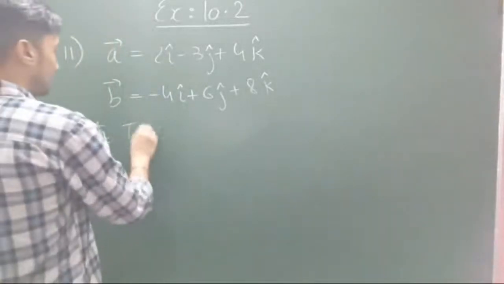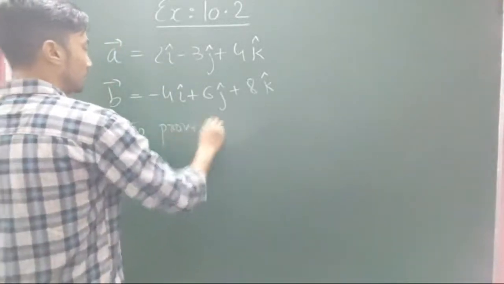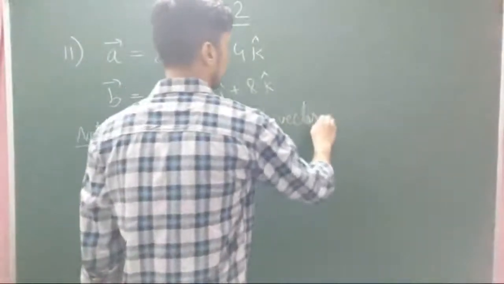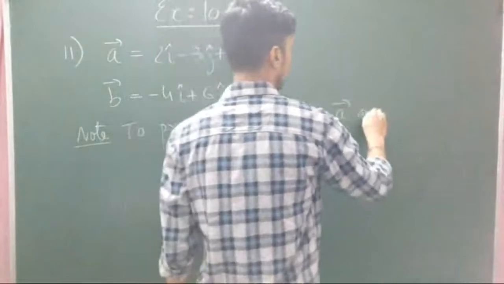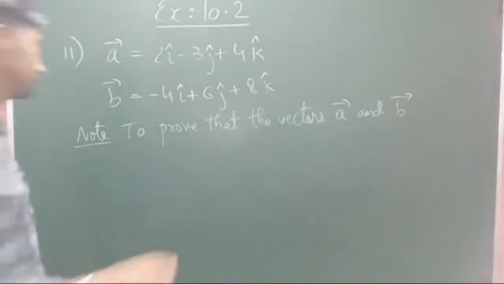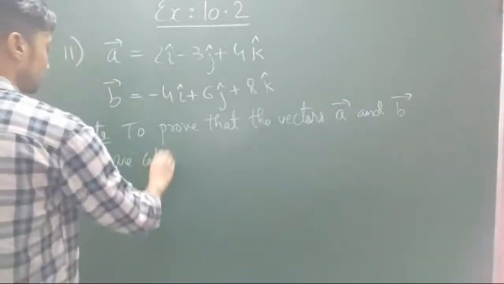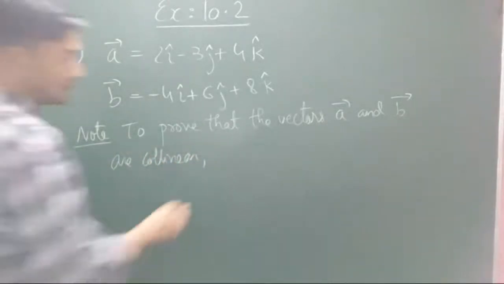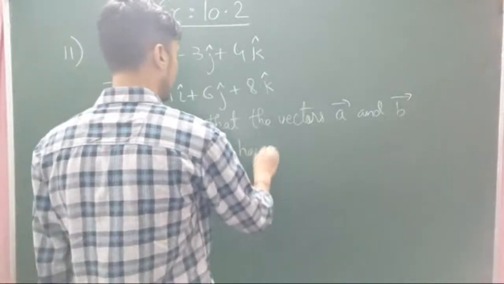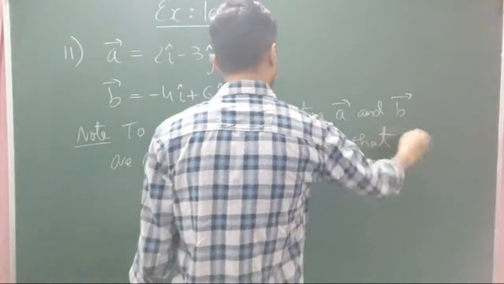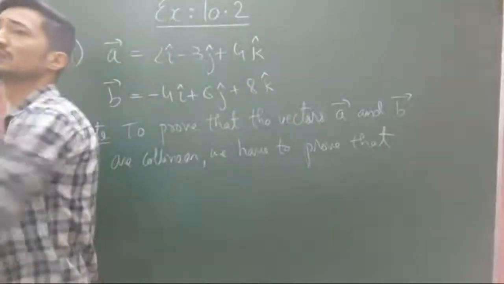All right, you can write on a note, that is to prove that the two vectors, vector A and vector B, are collinear. We have to prove that, collinear means what? Parallel.